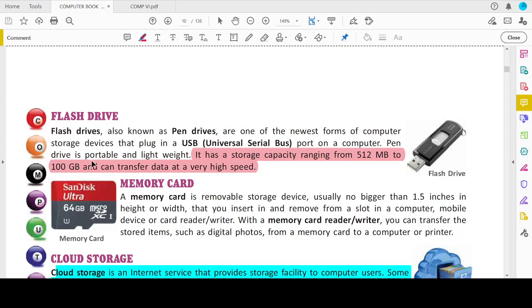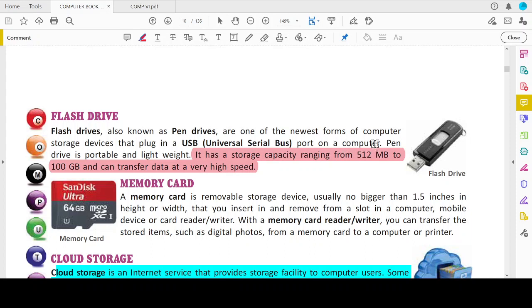Pen drive is portable and lightweight and has storage capacity ranging from 512 to 100 GB and can transfer data at a high speed. So you need not write all the things here and just copy it down. You can write a pen drive or a flash drive is the newest form of computer storage devices that is used in a universal serial bus port of a computer.